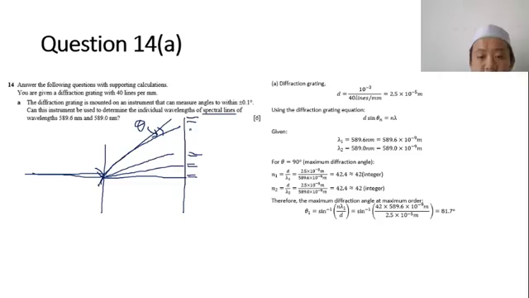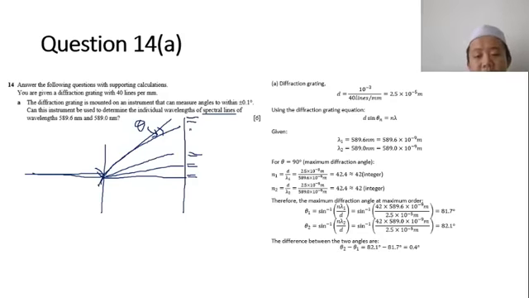So kita tengok theta 1 at the maximum, which is 42, is equals to 81.7 degrees, and theta 2 at order 42, it is equals to 82.1. So if you subtract, the difference between the two angles are 82.1 minus 81.7, it is equals to 0.4 degrees. So here you can conclude, since the accuracy of the instrument is plus minus 0.1 degrees, it is less than 0.4, so it can actually determine the individual wavelengths of the spectral lines of the wavelengths between these two waves.